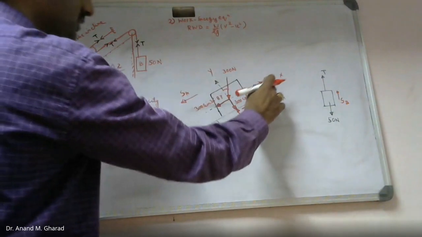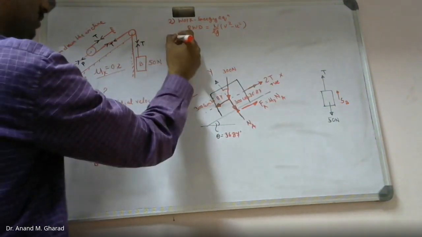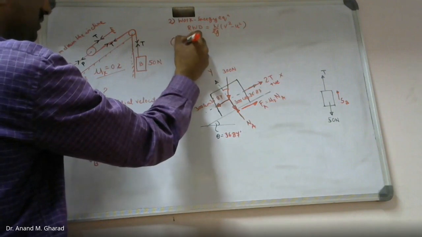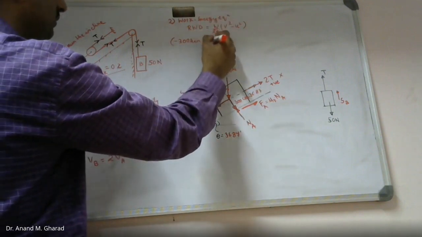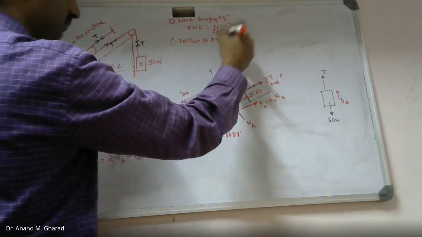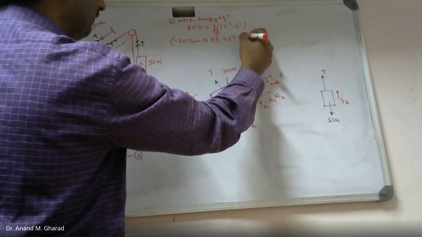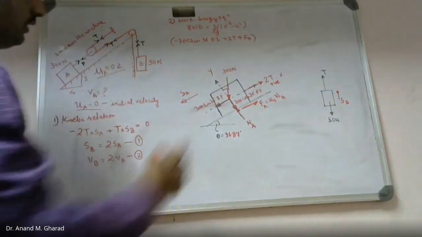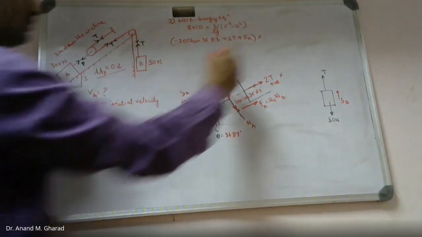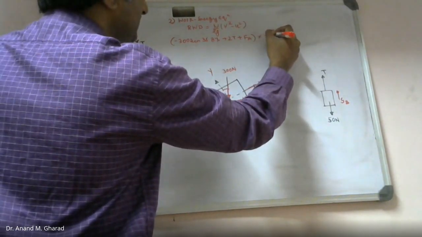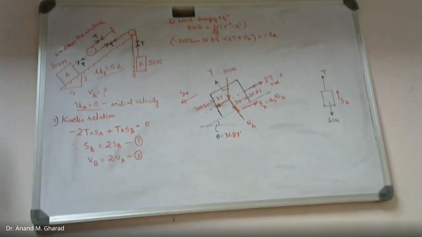Okay. I will consider this side to be positive, this side to be negative, and based on that, this will be minus 300 sine of 36.87 plus 2T plus Fa into displacement is in the negative direction. So let me consider minus Sa. Correct?